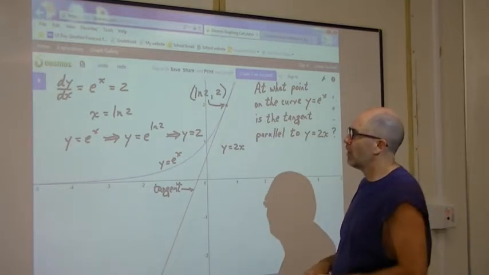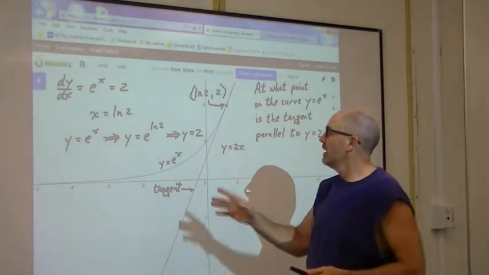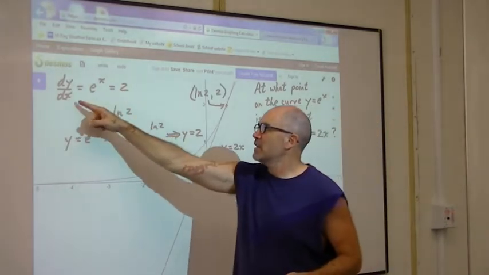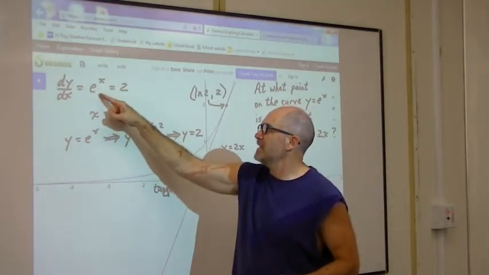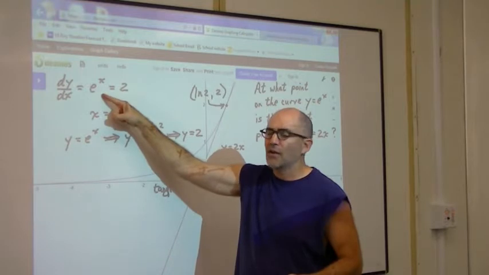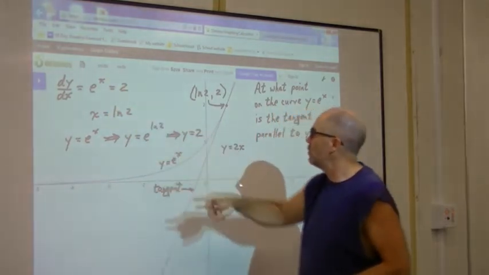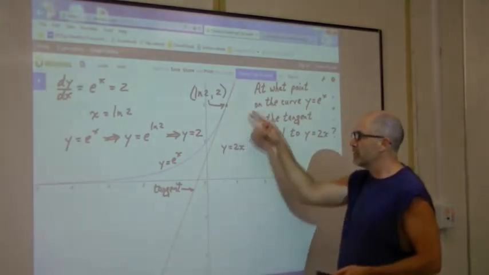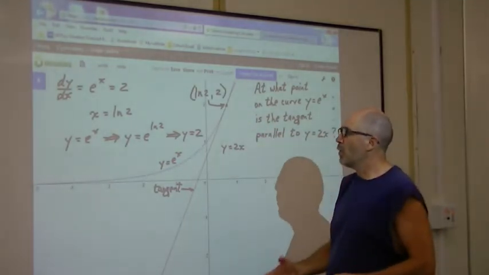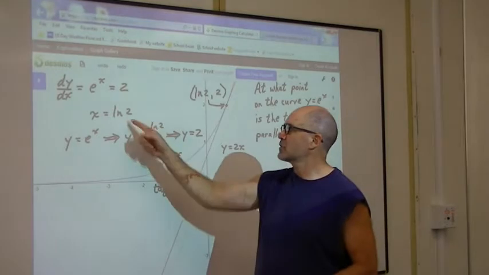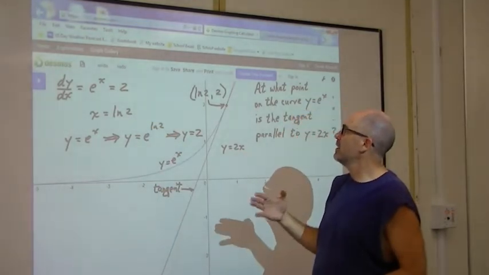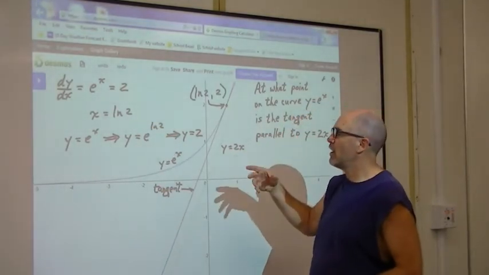So all we did was we said the tangent is going to have a slope of e to the x at any point. So all I need to do is find out what x value gives me a slope of 2, because y equals 2x has a slope of 2. And that point is x equals natural log 2, which will then give me the y value 2.